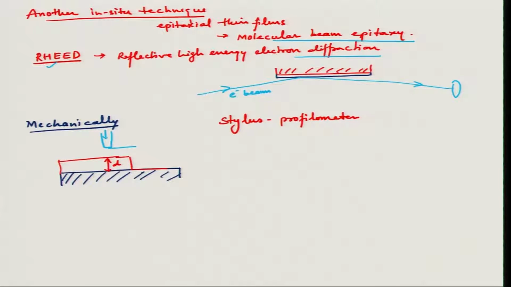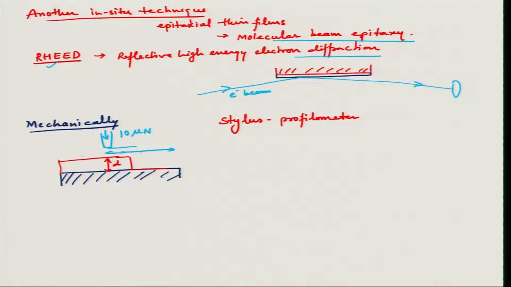You apply a certain force to this, usually around 10 micronewton, and then you scan this tip on top of your thin film with this step. And you monitor the change in position of this tip.